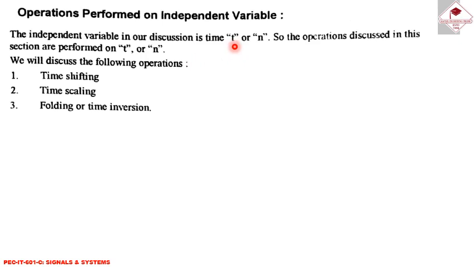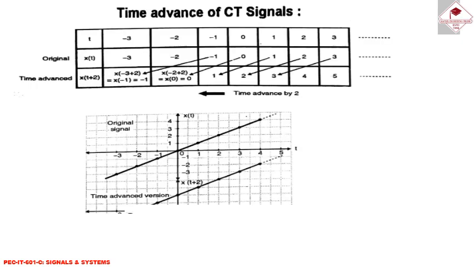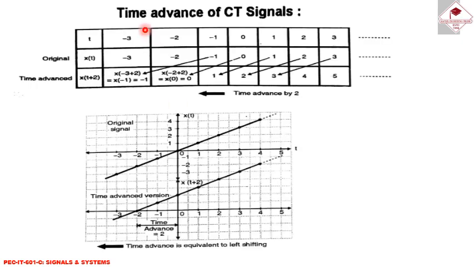If it is in the discrete domain, we represent the signal as x(n). Now we will discuss the following operations: time shifting, time scaling, and folding or time inversion. First we are going to see time advance for a continuous time signal.